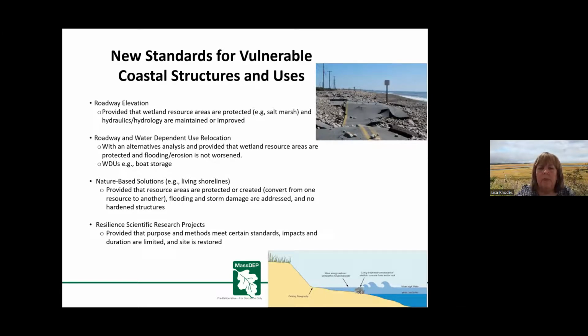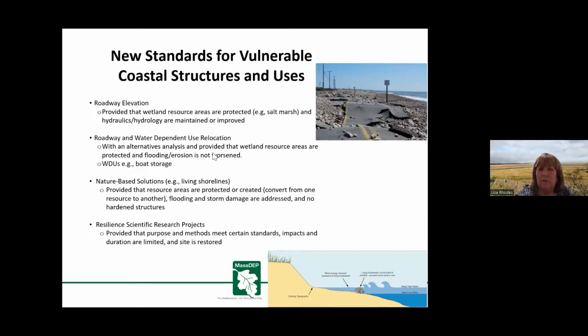But there may need to be adjustments at the toe of the slope in order to conduct that elevation. And this would be subject to certain protective standards, like minimal salt marsh alteration, and hydraulics and hydrology would need to be maintained. For roadway relocation, there's a provision that requires an alternatives analysis, requiring at least one of the alternatives be looking at an alternative route and not worsening existing flooding or erosion.